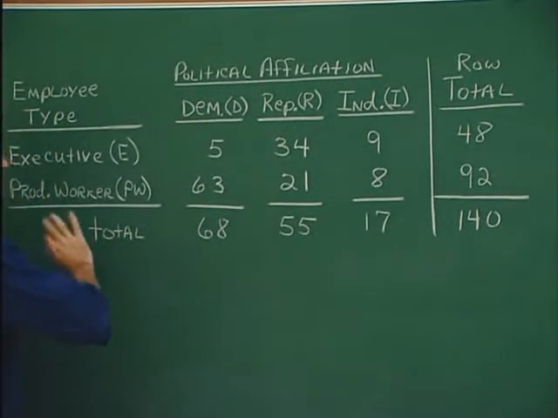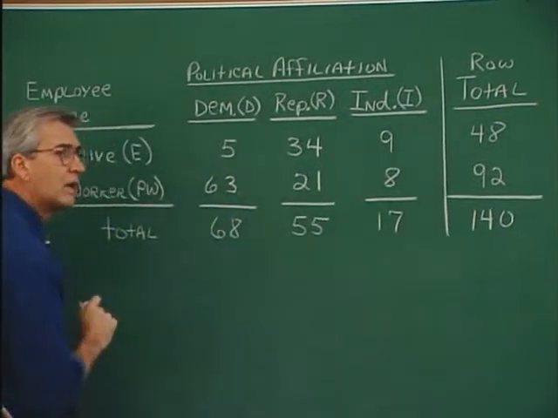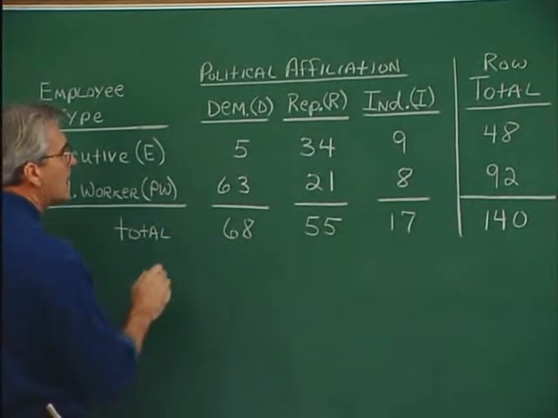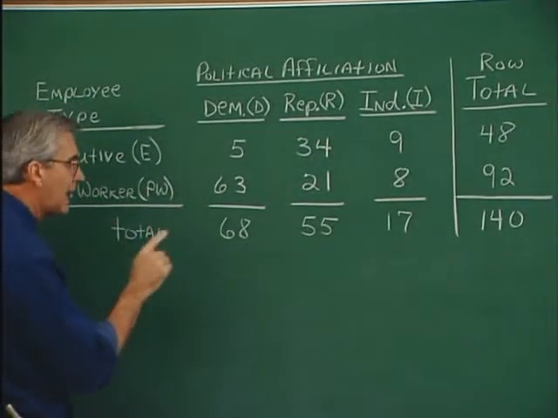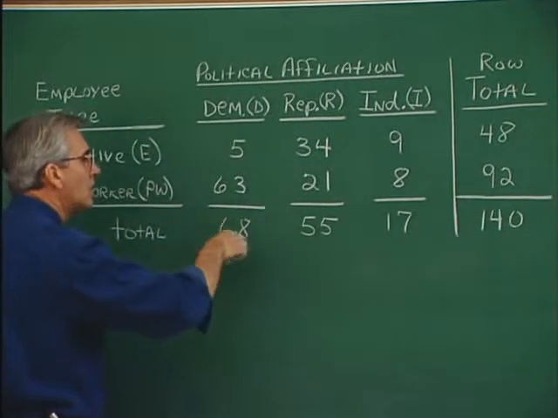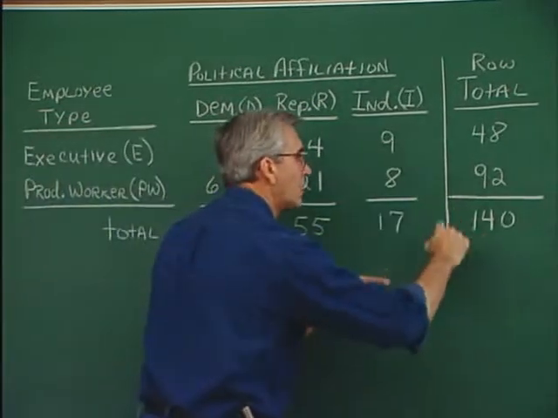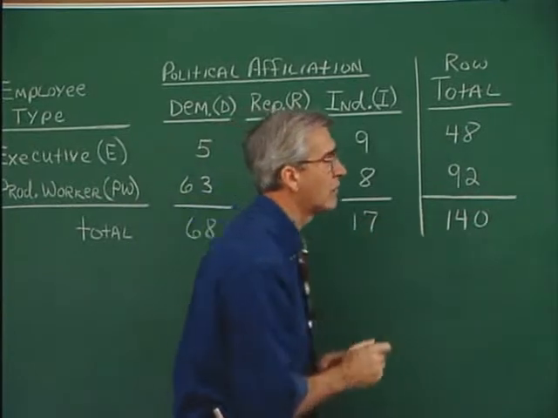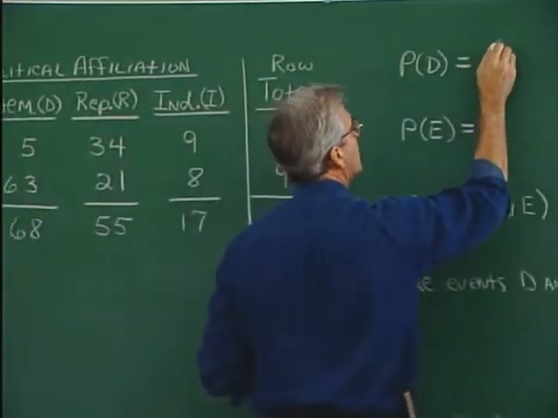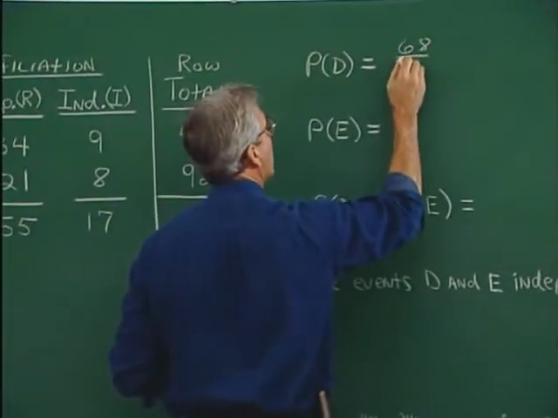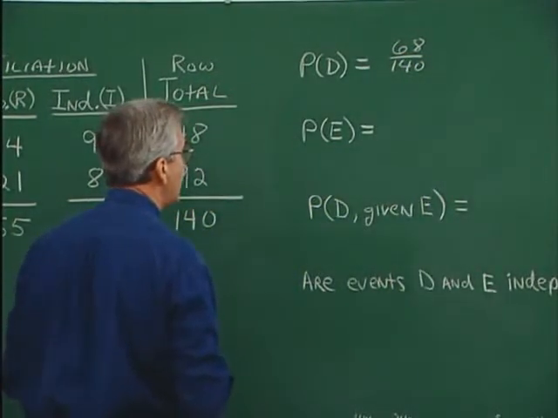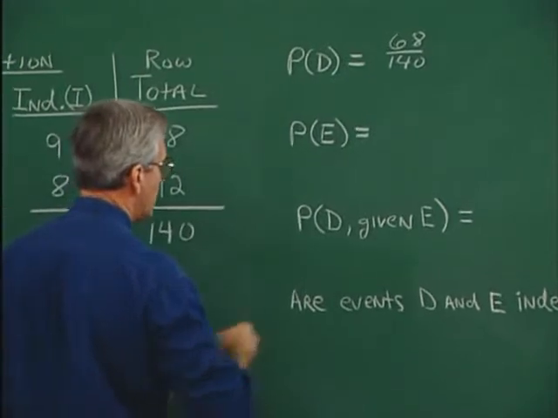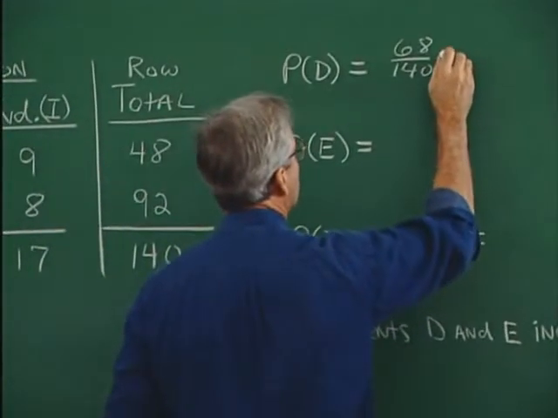So if we're talking about the entire group of employees at the whole plant, the probability is favorable outcomes over possible outcomes, so it's 68 over 140. If we want to write it as a decimal, it's 0.486.